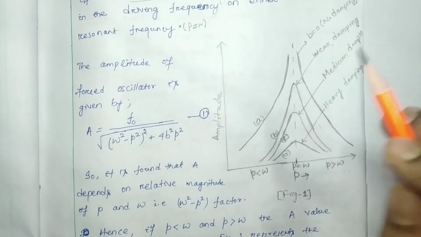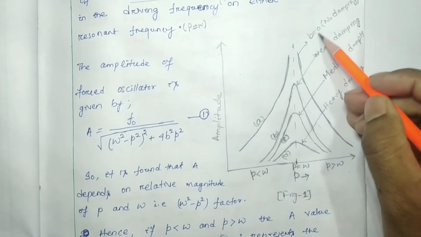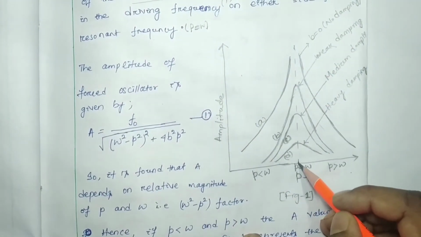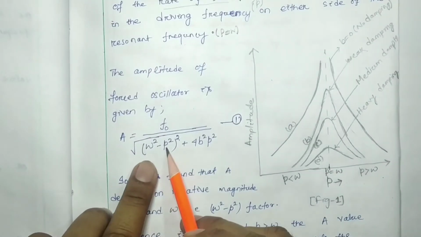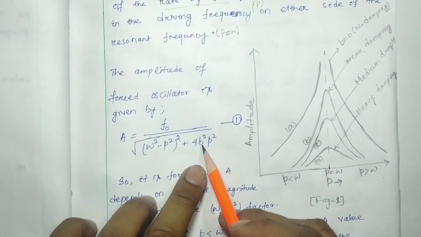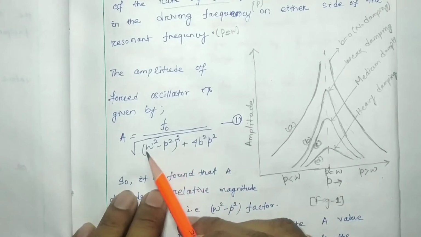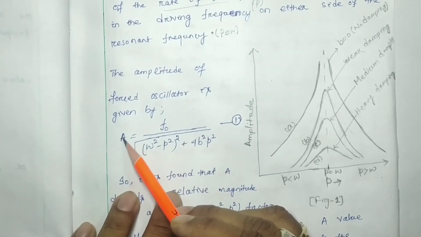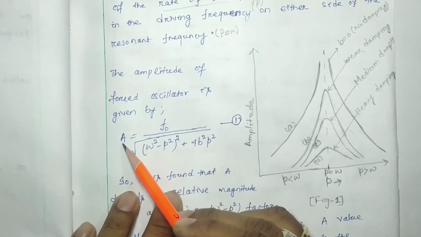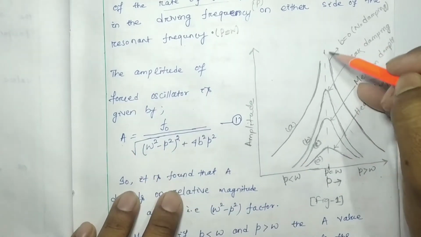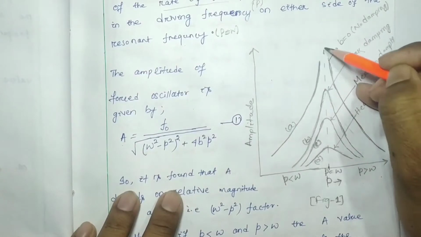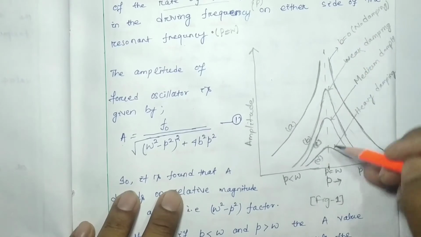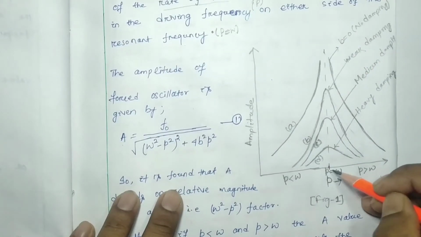See, first we have to consider b equal to 0. For b equal to 0, what will be the amplitude at p equal to omega? For p equal to omega, this factor will be 0, and for b equal to 0 the whole denominator is going to be 0, and the A maximum, the so-called amplitude at resonance, will be infinite. That means this curve tends to touch p equal to omega at infinity.